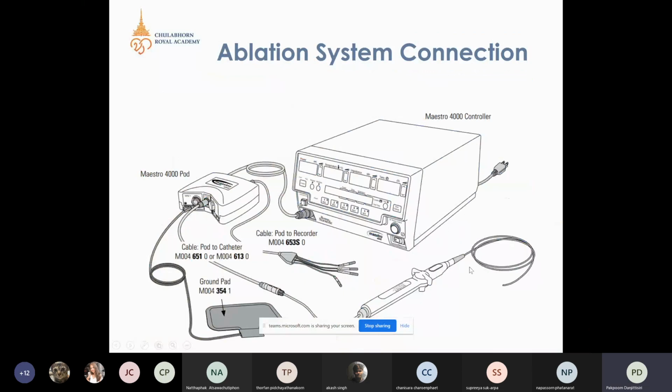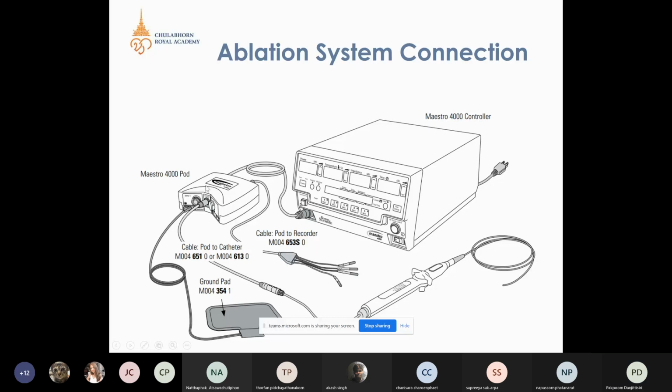Interesting, because this is the ablation system. Let's say the ablation system will be connected with the ablation catheter. After the ablation catheter is advanced into the heart chamber, you see the connector here will connect to this one.